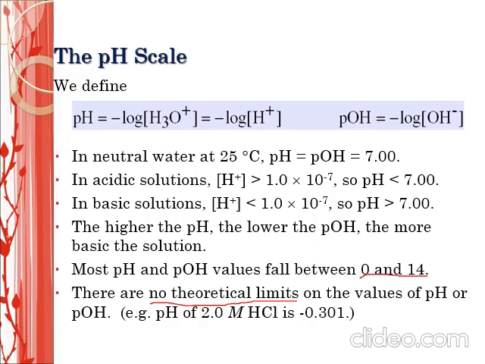For example, here, the pH of 2 molar HCl will be negative. No theoretical limits. But when you do experiments, it only falls between 0 to 14.